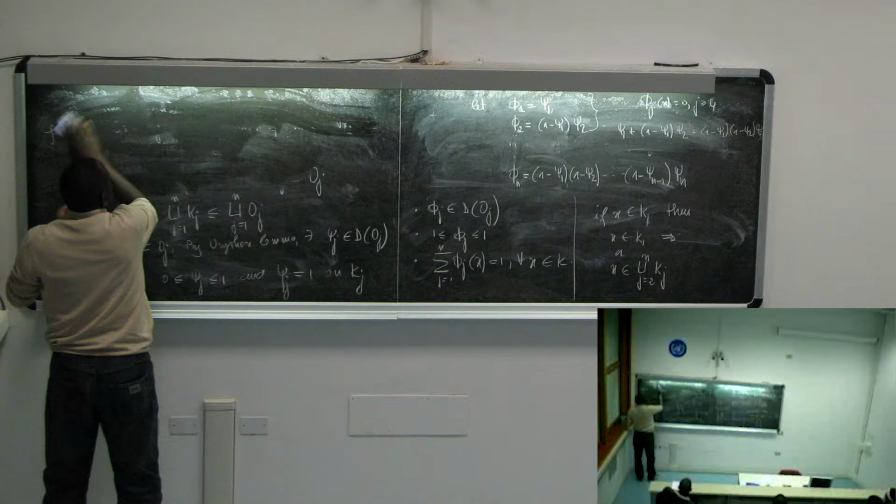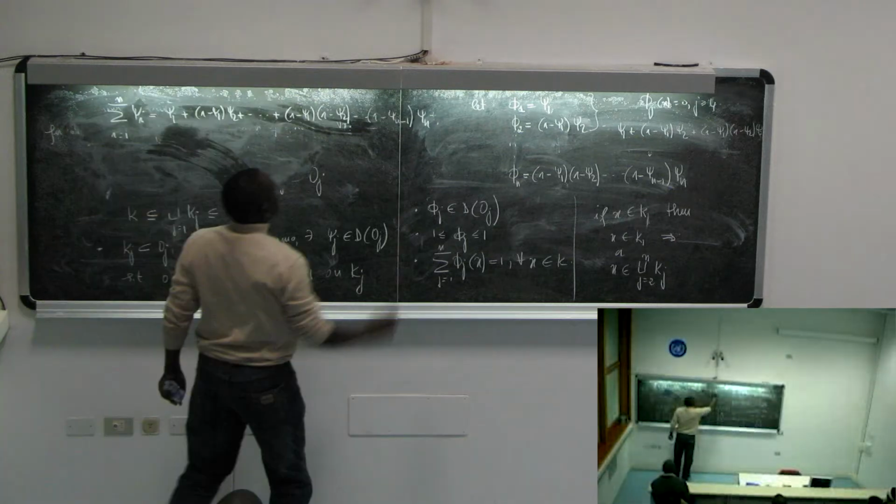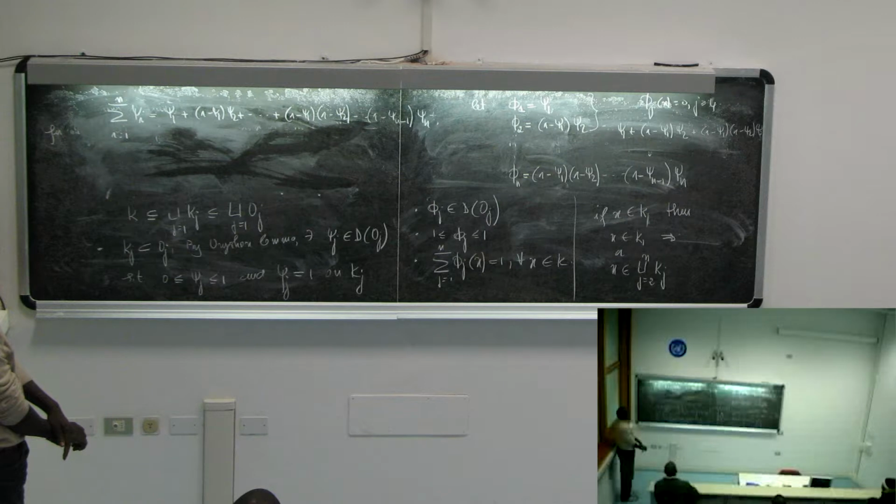The summation of phi i for i equal 1 to n is psi 1 plus 1 minus psi 1 psi 2 and so on, plus 1 minus psi 1, 1 minus psi 2, up to 1 minus psi n minus 1, and we have psi n. Yes, this is the summation of phi i.